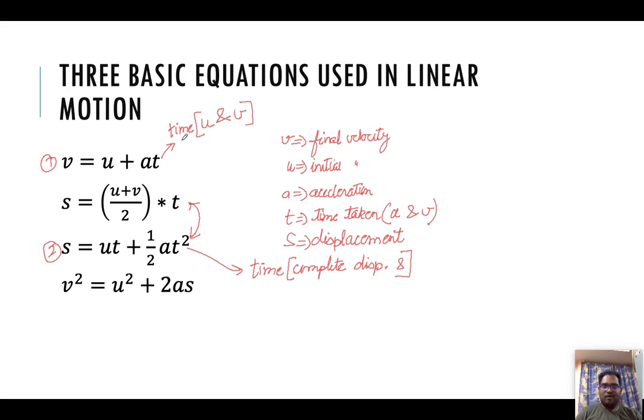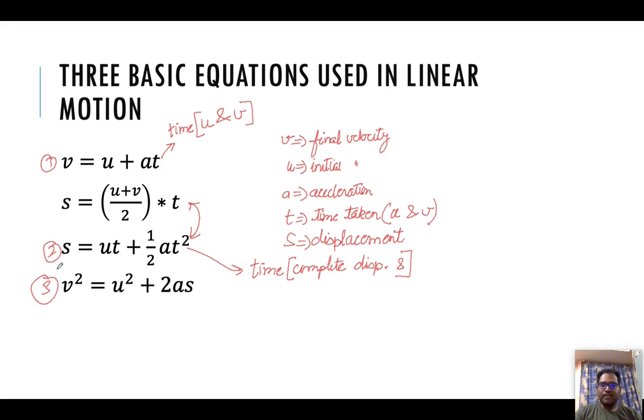Both these time, of course it is referred as time taken, but this particular time which appears over here is the time taken for the body to have an initial velocity and then ends with the final velocity, whereas this particular time taken is a little bit different. For completing a distance, what is the time taken, that has to be considered, and the final one is v square is equal to u square plus 2as. So this becomes the third most important equation.